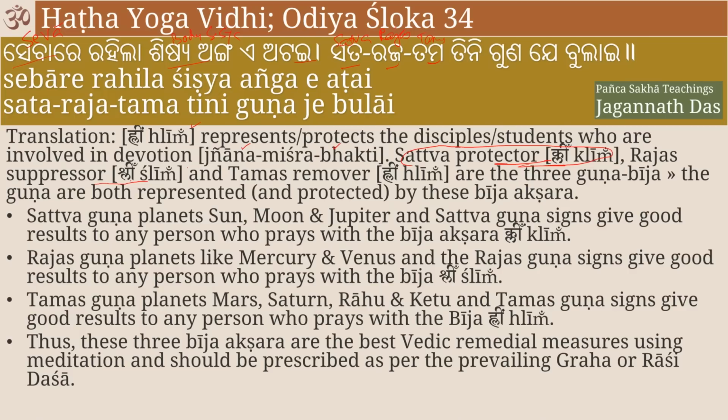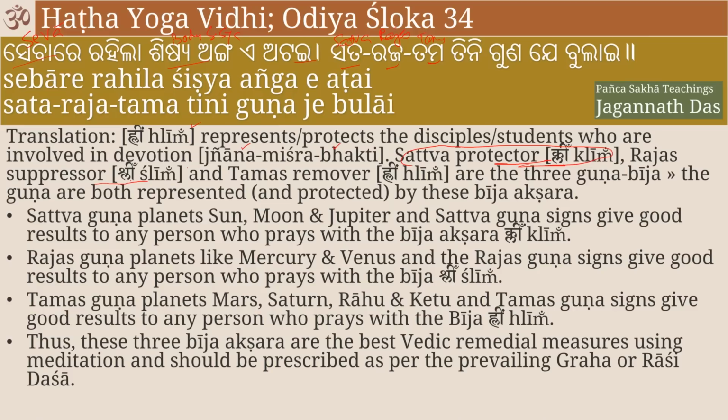No, I don't want a new car. Shring, Shring, Shring. Get me the new car immediately. You see that Shring is what gives you the desire. It fulfills the desire, whereas Shling suppresses. You suppress the desire. Let it be. You don't need it. What will you do with the new car? Let it go. Like that.